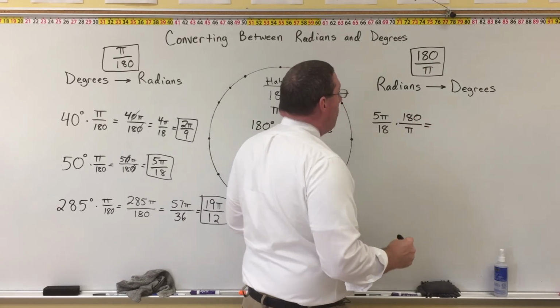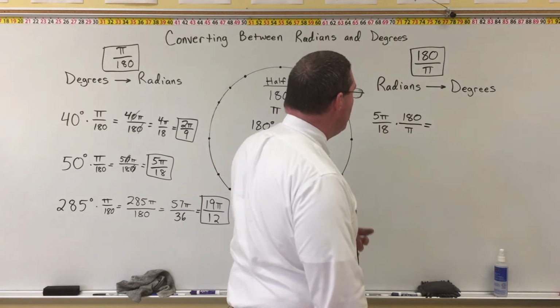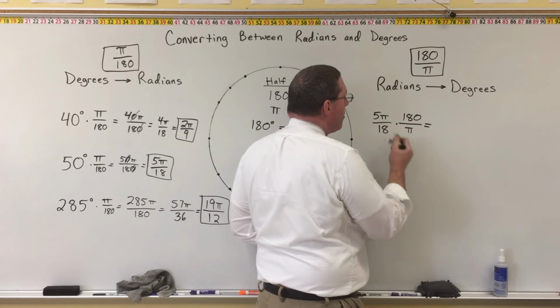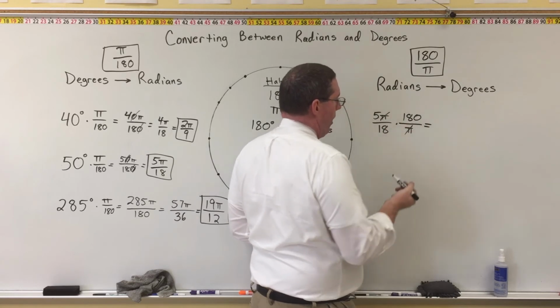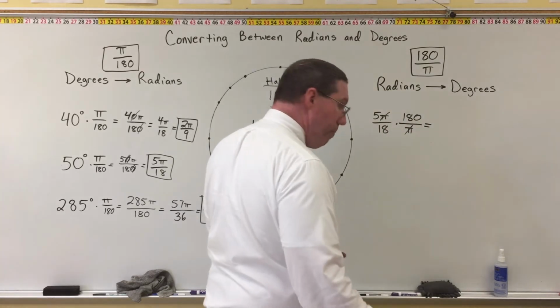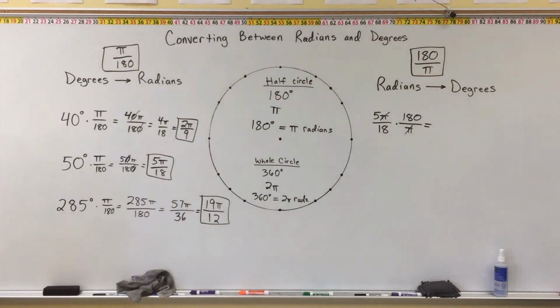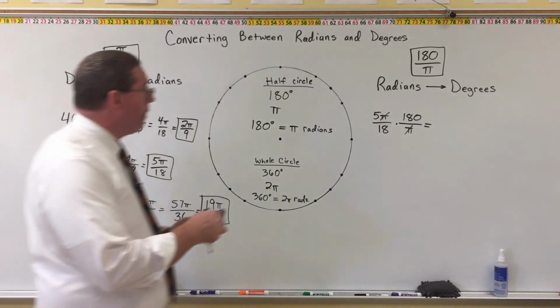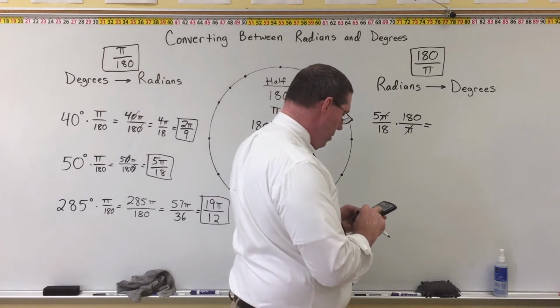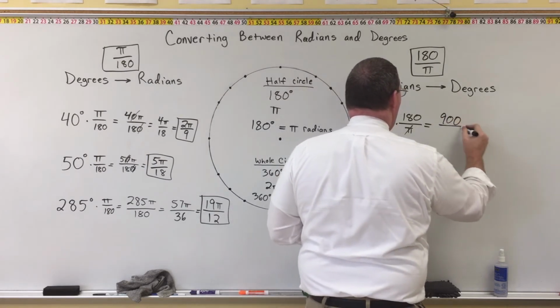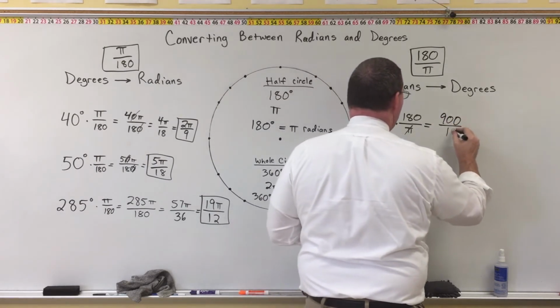You can do it this way if you want to, or you can multiply it all out and then cancel. But I can see right away that this pi and this pi are going to cancel. And so now both of the pi's are gone. Let me grab my calculator. Now I multiply 5 times 180, which is 900, over 18.